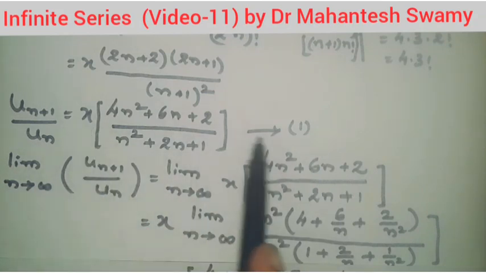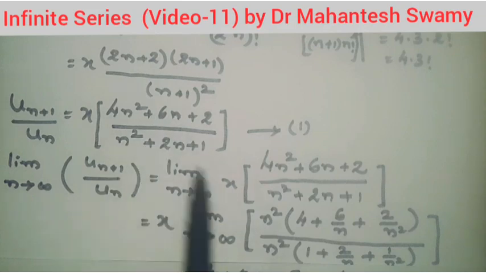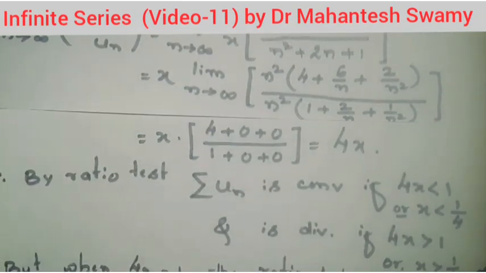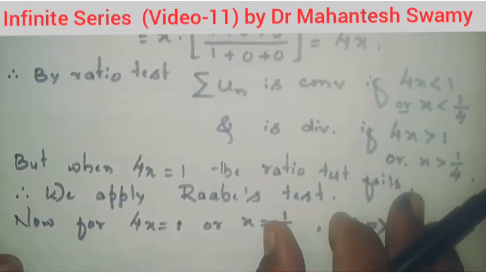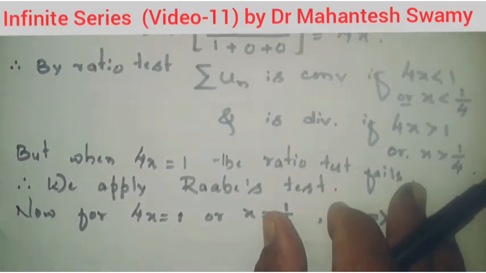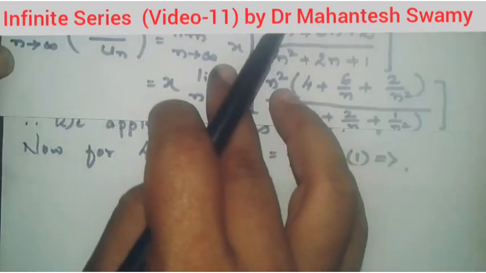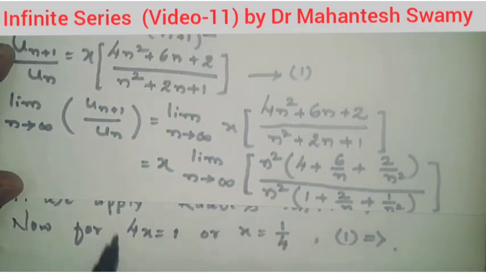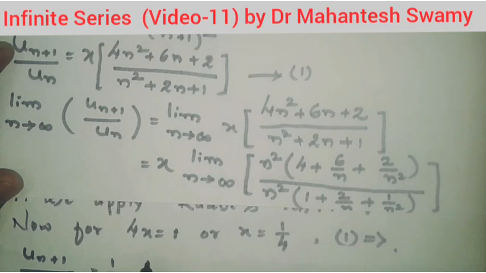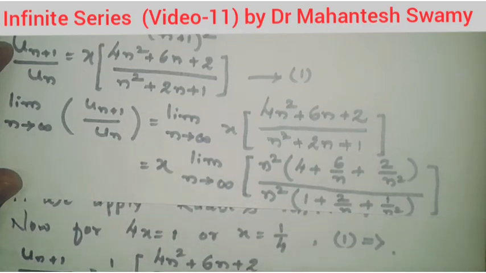When x is equal to 1 by 4, what happens to this? 1 by 4 into this bracket, that I am going to write now. By looking at equation number 1, u(n plus 1) divided by u(n) equals, in place of x it is 1 by 4, into bracket 4n square plus 6n plus 2 divided by n square plus 2n plus 1.